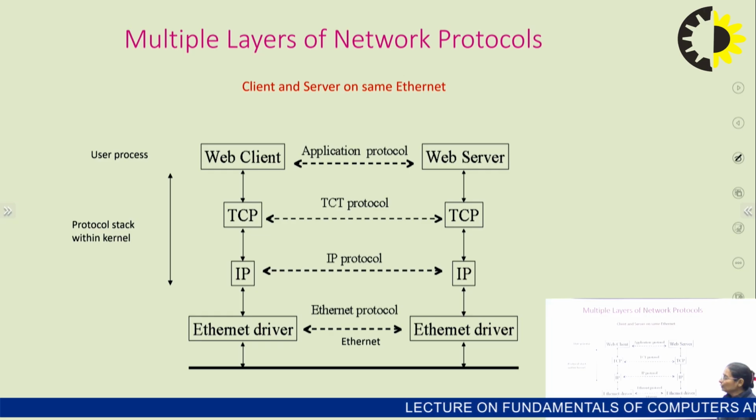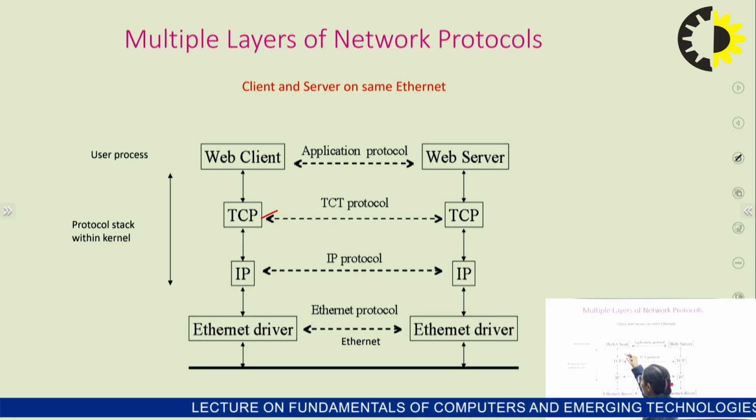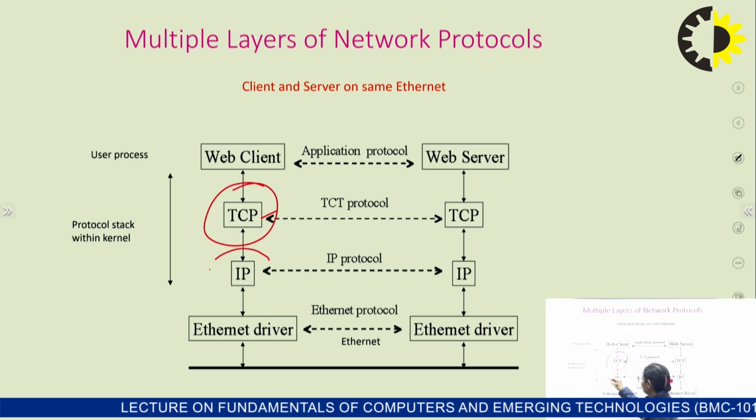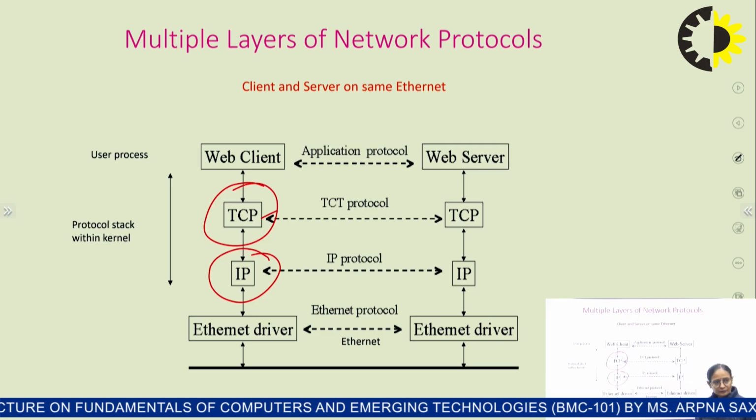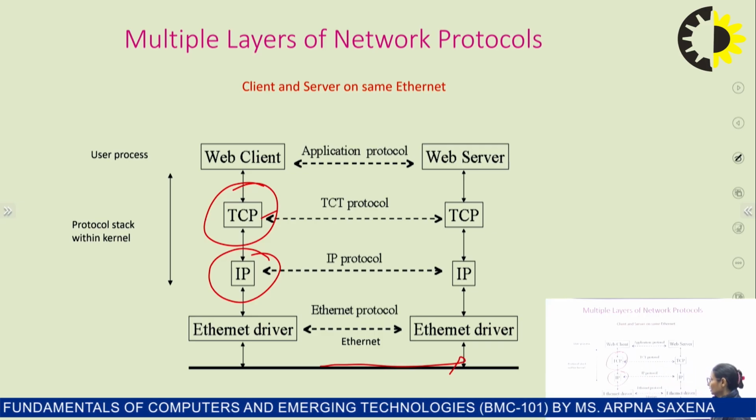These are the multiple layers of network protocols. So we are having a user process, which may be a web client, then the TCP protocol, the data being operated with TCP, then with IP. Then we are having the internet drivers, and the data is being sent here. It may be my Ethernet LAN or something.